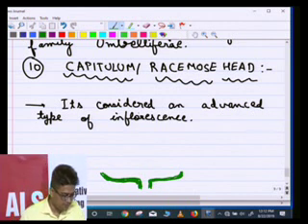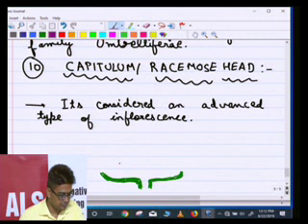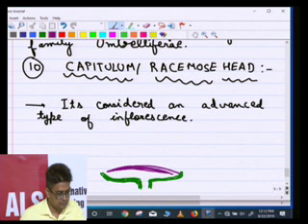So here there is a fleshy receptacle. I'm shading this, referring to the receptacle or head.